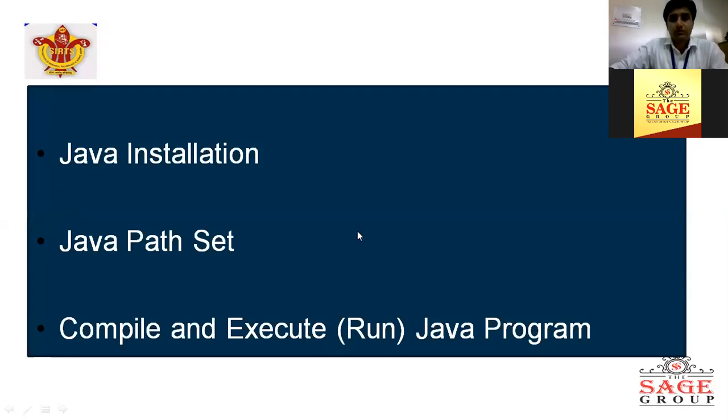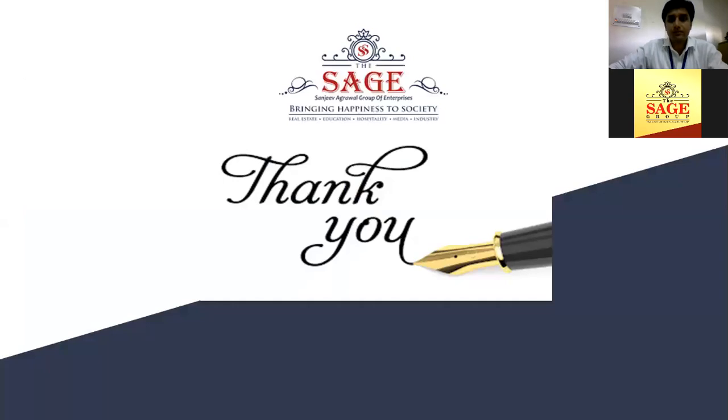So today we will practically see the procedure of Java installation, from where we can download Java, and after installing Java, how we can set the path and how we can run the first program of Java. We will see that. So let's go.